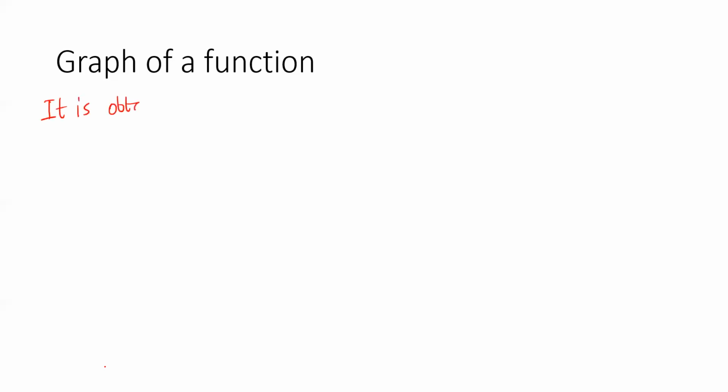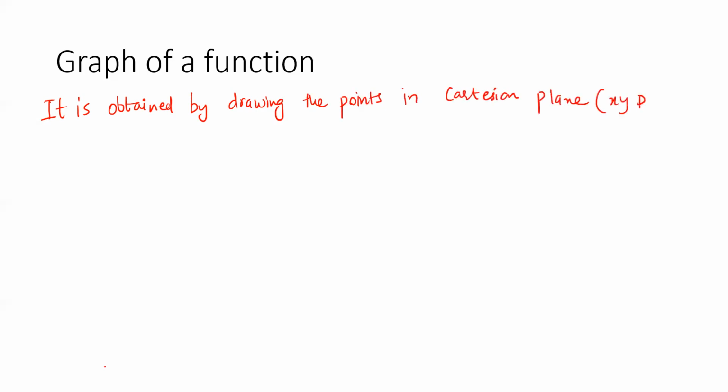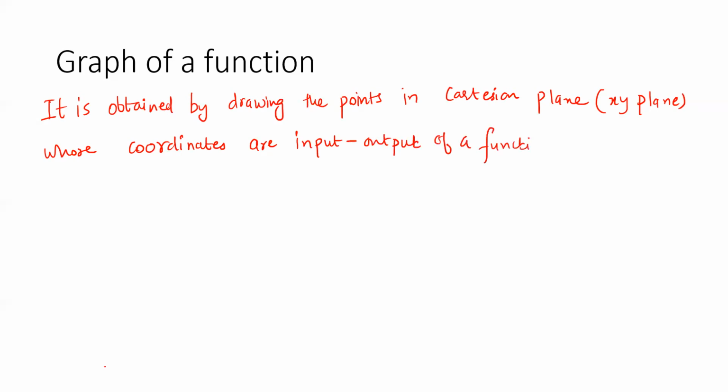So let's look at what is the meaning of it. How do you obtain the graph? It is obtained by drawing the points in the Cartesian plane, which is the xy plane, whose coordinates are the input and output of the function, which is, say, y is equal to f(x).